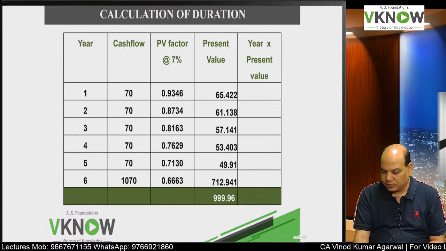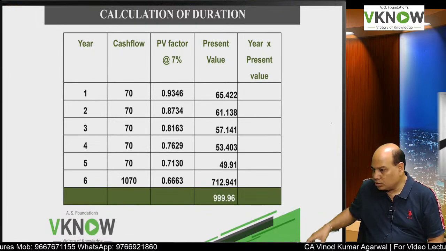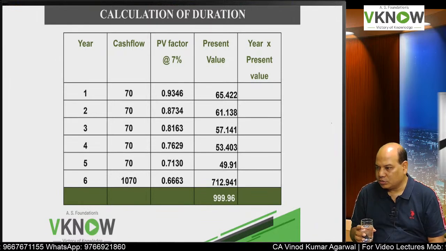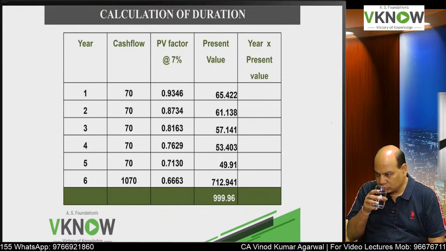What is the present value total? It should come to 1000 because 7% is the coupon rate and 7% is the discount rate. So you should get a present value of 1000.